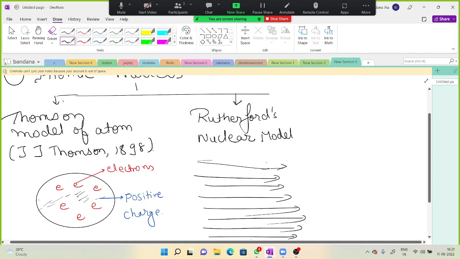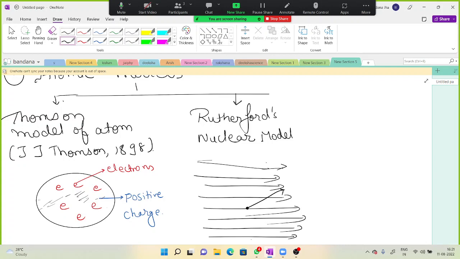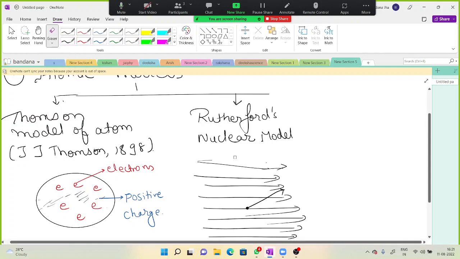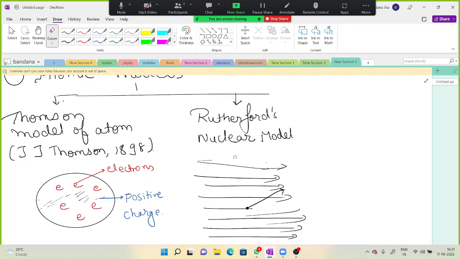He said these are the alpha particle beams, and very few deflections take place.